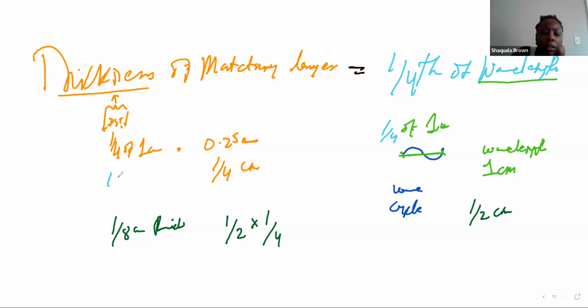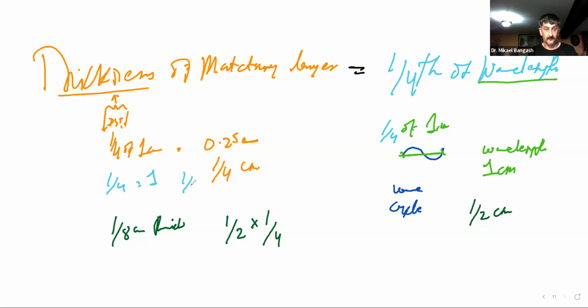Sorry, 1/4 of 1 is 1/4. One-fourth of a half merely means a quarter of a half is going to be 1/8.